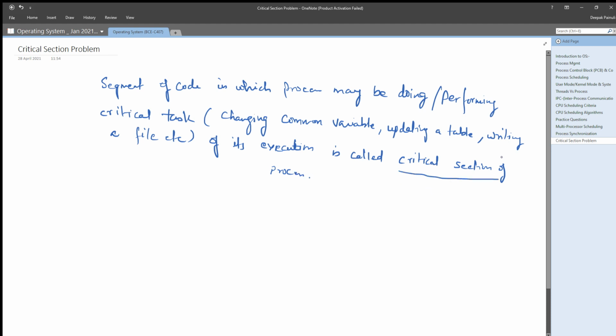As we discussed, any segment of the code where a process is doing some critical task, like changing a common variable or writing to a file, is called the critical section of that process.